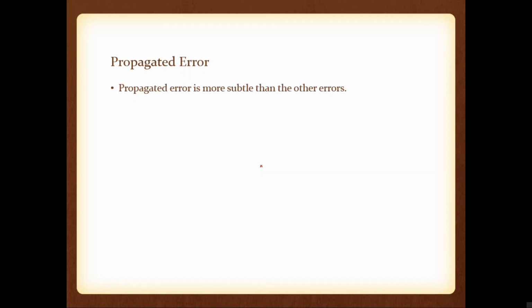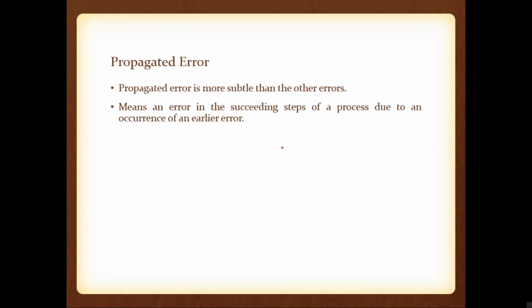Already x is carrying some level of error, and if you carry that error into the next calculation, the next calculation will also carry some error. So it is known as propagation of error. The error from one variable or one calculation is carried into the next calculation. It is known as propagated error. So this type of error you can also see. It means the error in the succeeding steps of a process due to the occurrence of an earlier error.